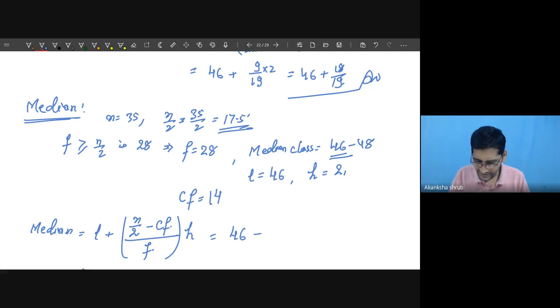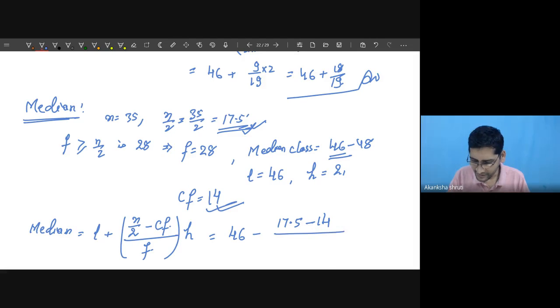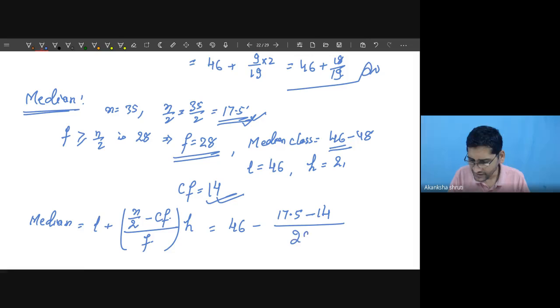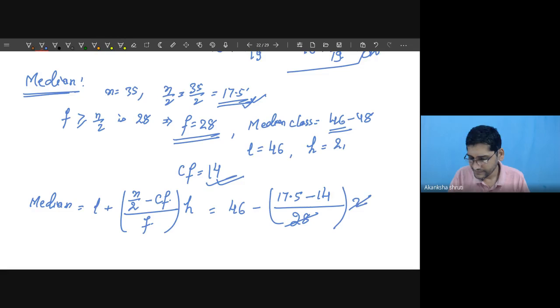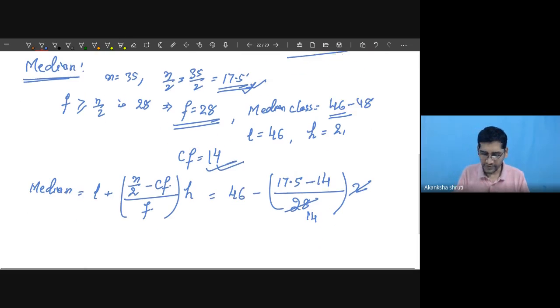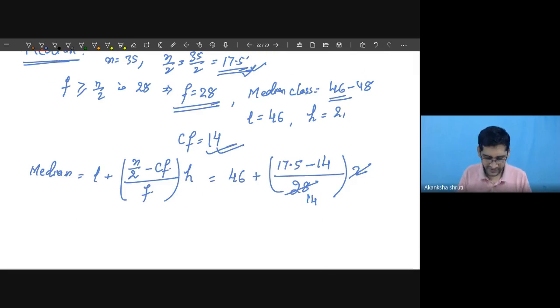N by 2 is what we have calculated, 17.5, minus the cumulative frequency before the median class, 14, which we have already listed in the table, divided by the frequency f of the median class, 28, divided by 2. I hope you can calculate this. 40. Okay, I hope you can do it. Students, it is plus.